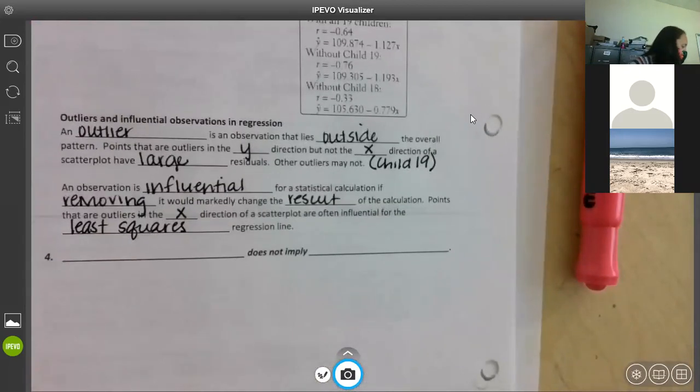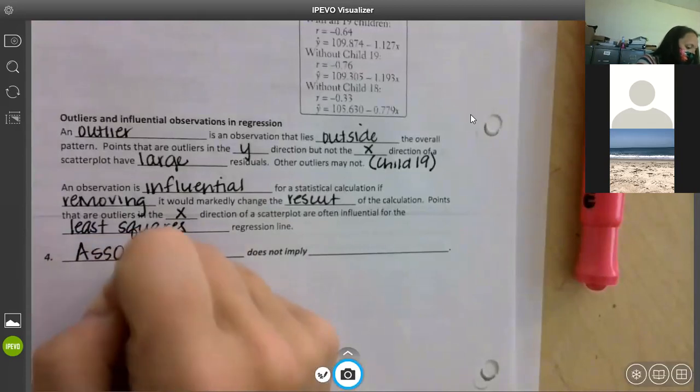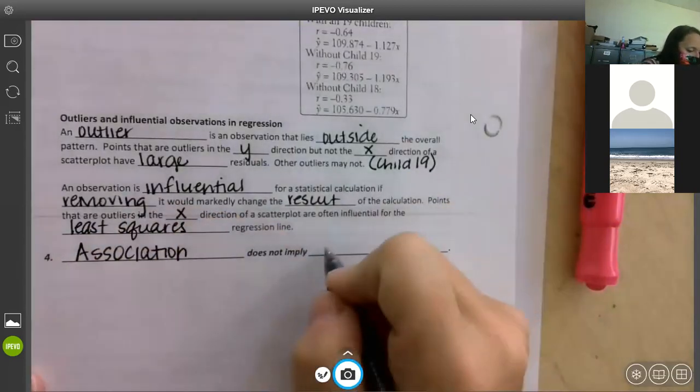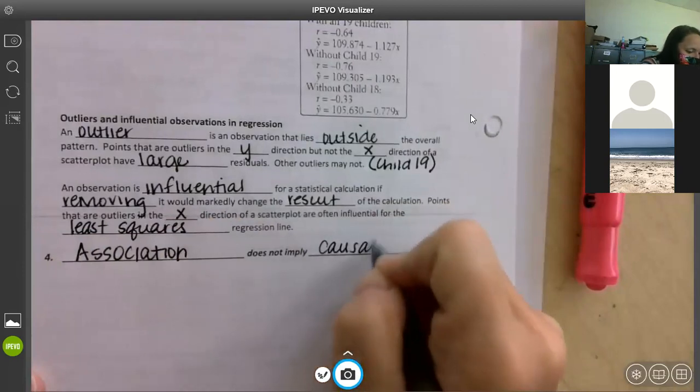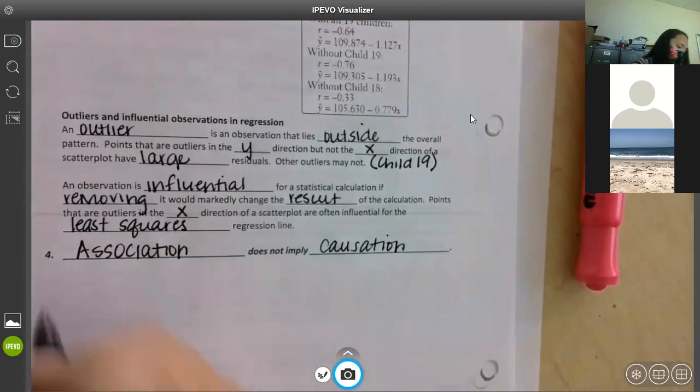Then number 4, and there's a little bit of writing after this. Association does not imply causation. So this is what you need to know.